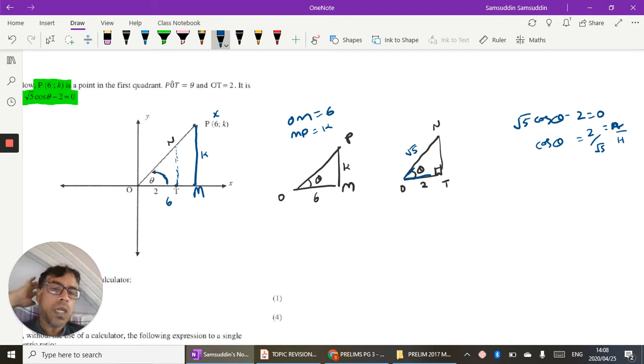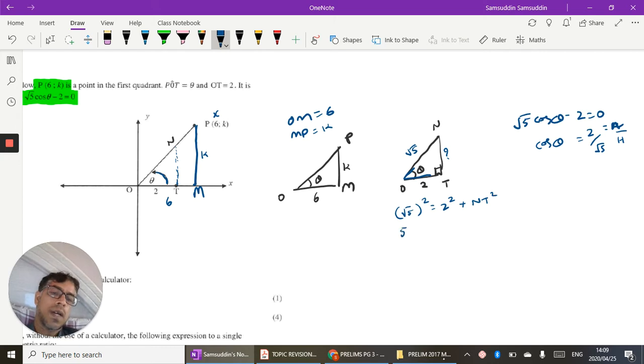Before I go for any question, I must find NT using Pythagoras. Root 5 squared equals 2 squared plus NT squared. So 5 equals 4 plus NT squared.